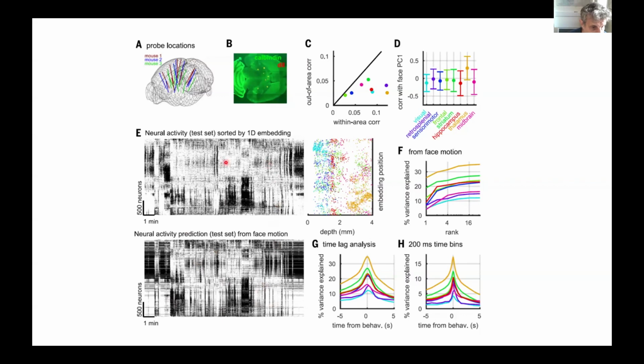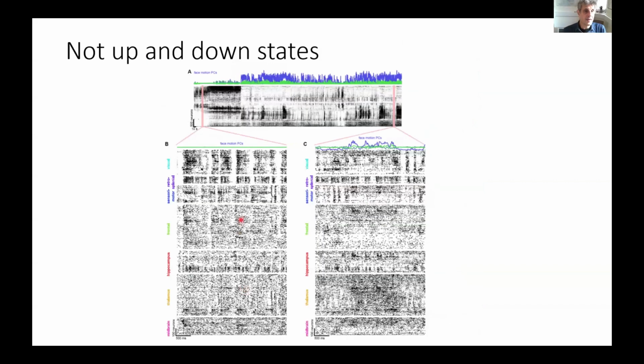So it's not perfect, but it does a pretty good job of capturing what's going on in the data. We heard about the up and down phases, but that's not what this face motion is. Here we've got time on the x-axis and the neurons recorded on the y-axis, and it's blown up in these little bits here.